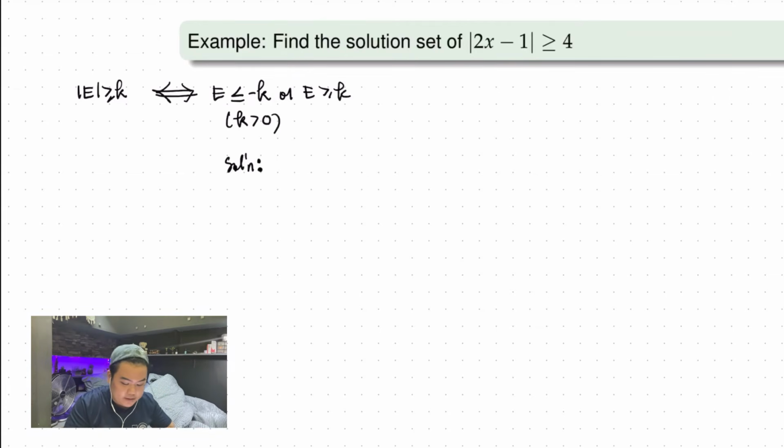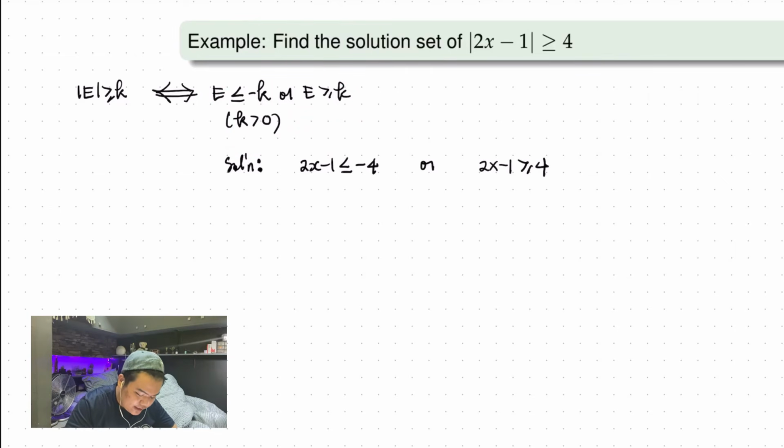So, gawin natin ito. So, anong lalabas dito? Ito yung E natin. So, 2x minus 1 is less than or equal to negative 4. At yung conjunction na or. Important yung conjunction. Greater than equal to 4. Ginaya lang natin ito.